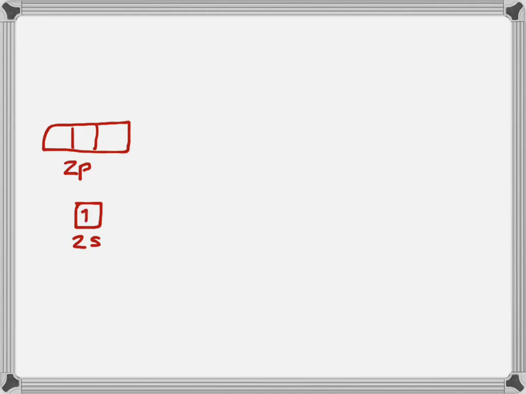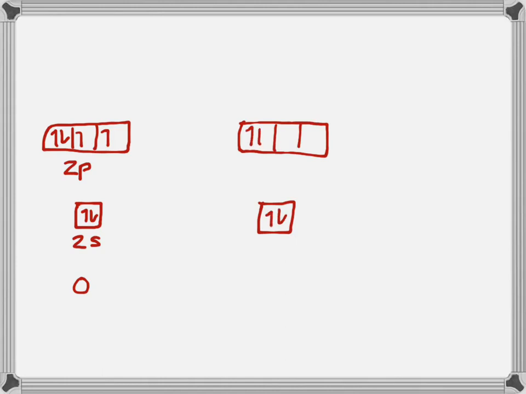So there's going to be 1, 2, 3, 4, 5, 6. So that's one oxygen atom. And then over here is going to be the other one. And that's going to have the same electrons in it. 2p and 2s.